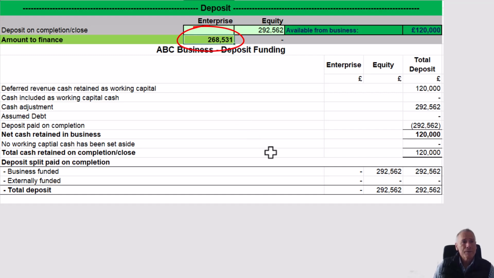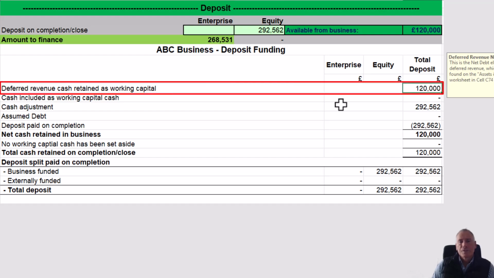Now we've got an amount here, amount to finance. We can use some of that £120,000 we've negotiated to keep as part of the deposit, because, going forward, to argue from a seller's point of view, that £120,000 is in the bank. Yes, you'll probably have to buy materials, pay for labour and so on, but that will also be funded by the business as it goes forward.